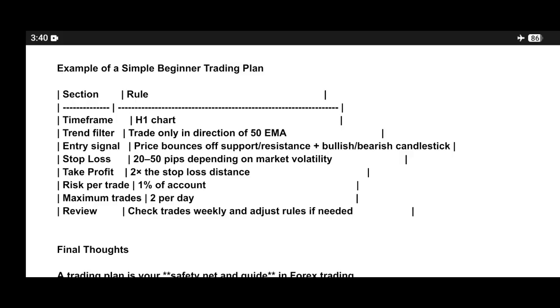Your stop loss should be 20 pips or 50 pips depending on market volatility. Profit target should be 2x the stop loss distance. Risk per trade should be 1% of account. Maximum trades should be 2 per day. Review: check your trades weekly and adjust rules if needed.